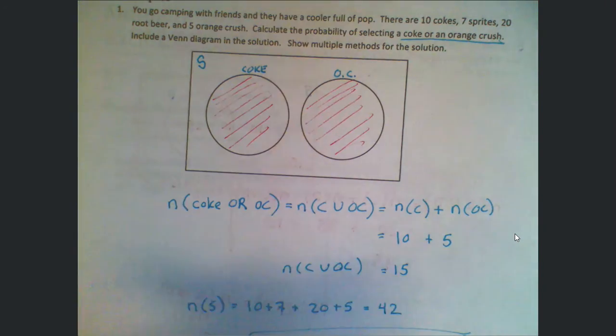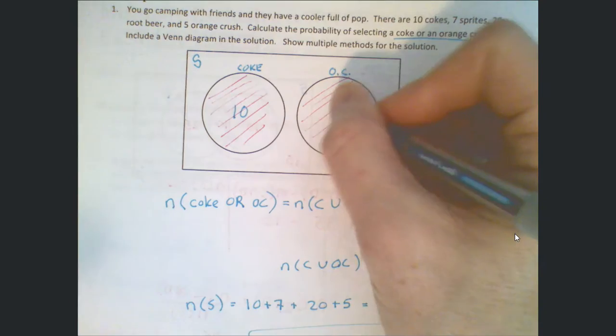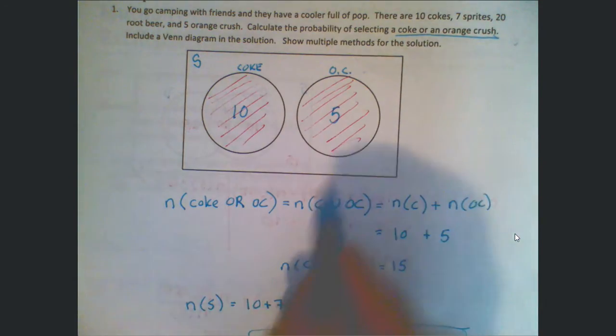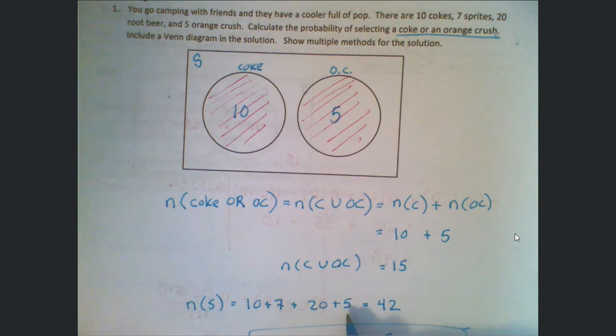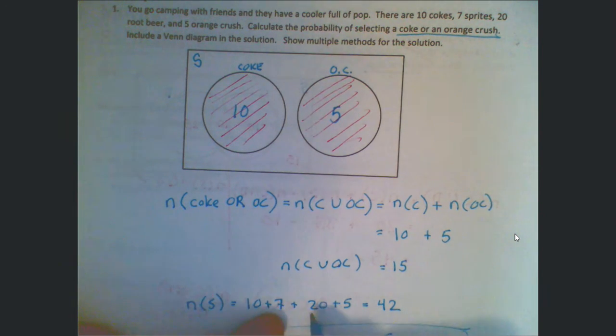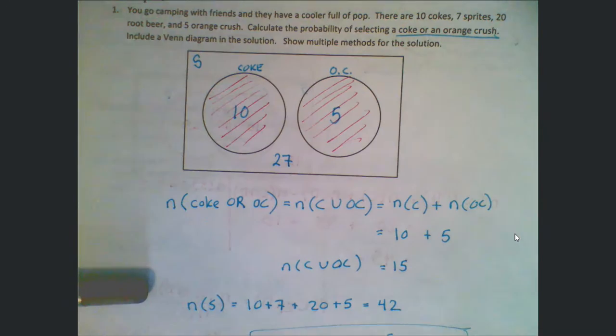They're disjoint, and we know that Coke, there were 10, Orange Crush, there were 5, and then the other ones that are not Coke and not Orange Crush, which are the 10 and the 5, is 27. 27 of the other pops are not those two. Okay, so that's all you have to do.